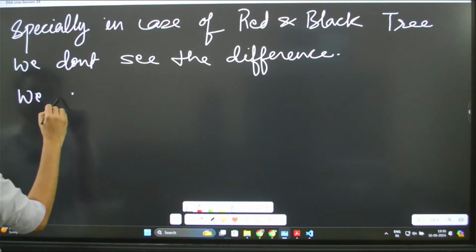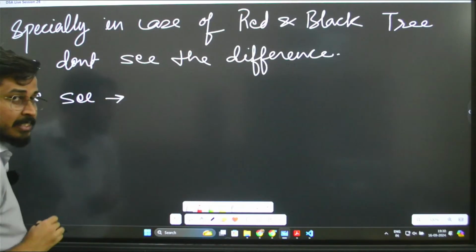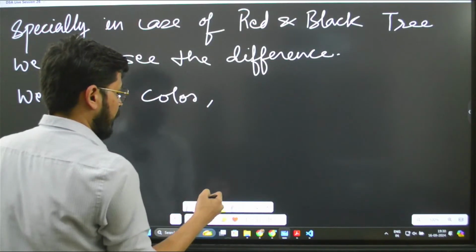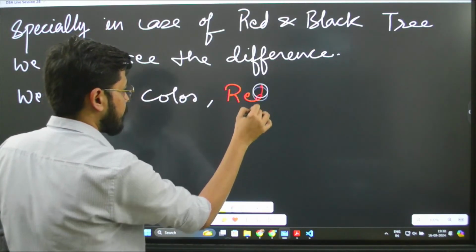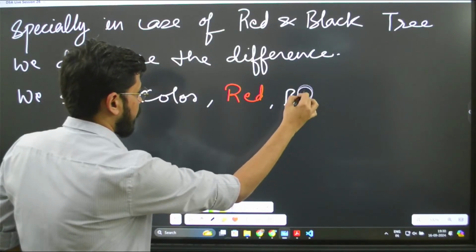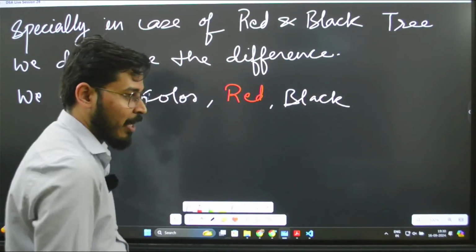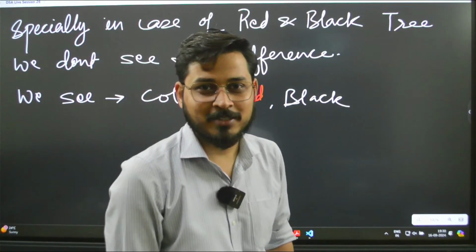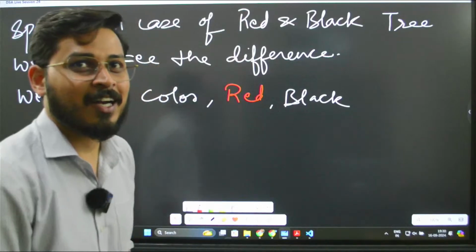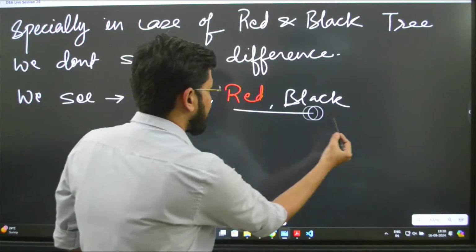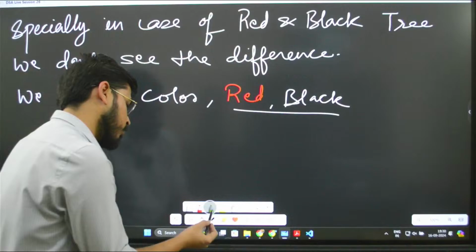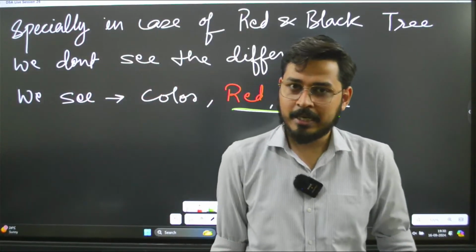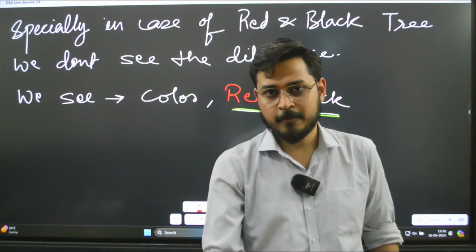We see, obviously, color, and the most popular colors are red and black. You guys know why I am writing black with white? Because it's a blackboard and I cannot write black on a blackboard, so that's why. I hope this is very much clear, right? So only these two colors are allowed. Hope this is very much clear to all of you guys. Okay.